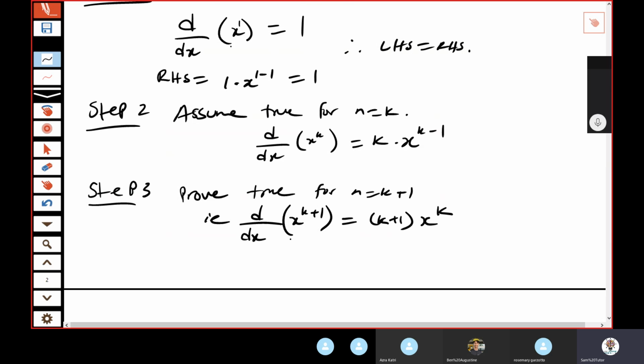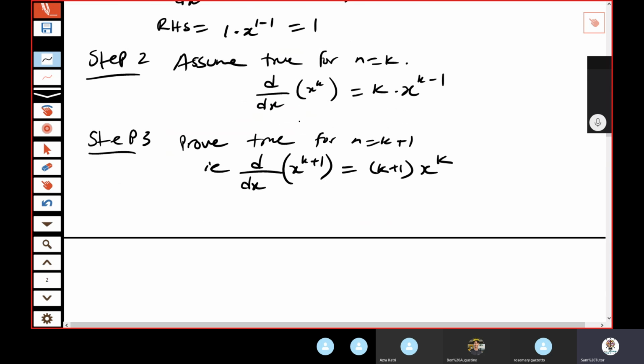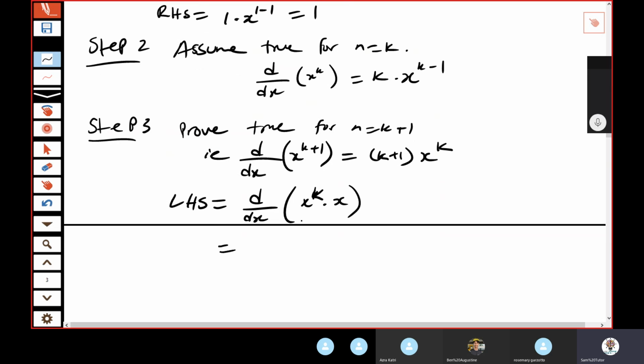You just did calculus. Induction, you've got to always bring your assumption in. So if you've got to bring your assumption in, it's going to look something like this. x to the k dot x. Right? And the derivative of these two x's, how do we do this?